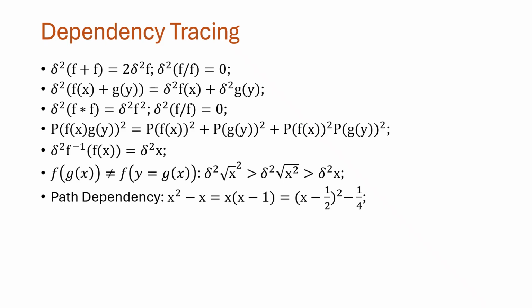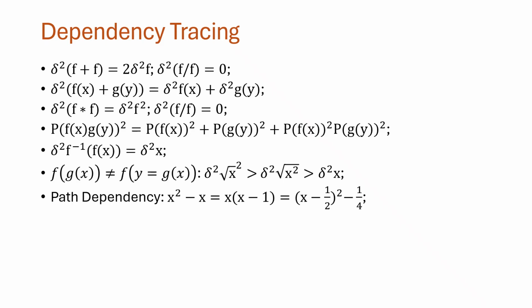Another example which always comes in the literature is called path independence. We can calculate x squared minus x in various form. Only the last form gives you the correct answer, because the first form assumed x squared and x are independent of each other, while the second form assumes x and x minus 1 are independent of each other.